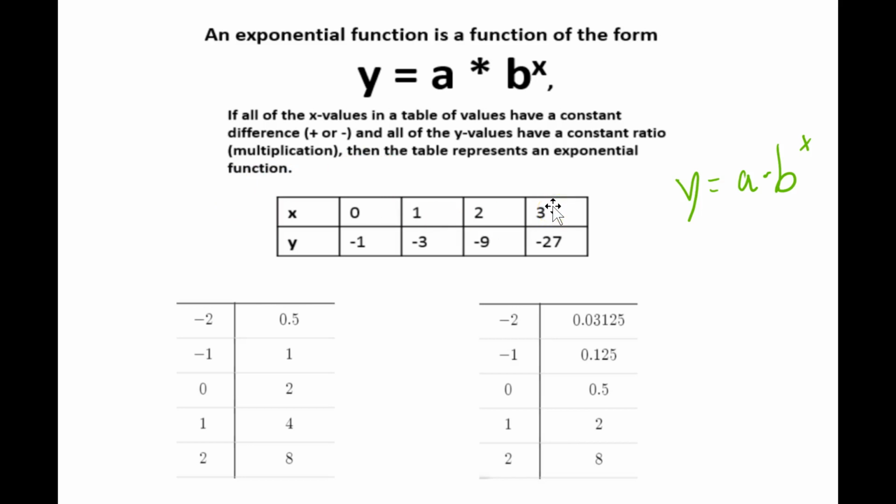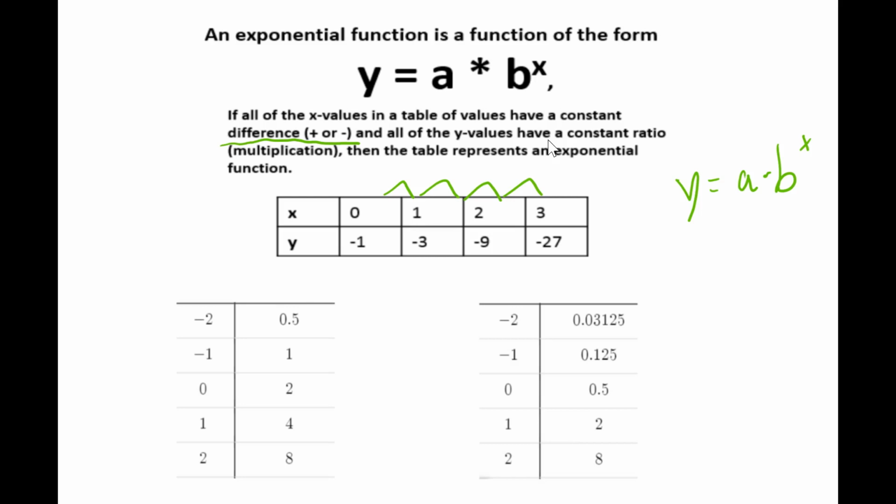All right, so here is this table. Pay attention, y'all. If my x values are increasing or decreasing by a constant difference, we'll be adding or subtracting. You can add on a negative, you can add on a positive, subtract a negative, you get a positive, subtract a positive, you get a negative, whatever.